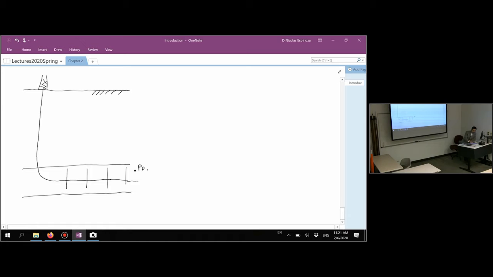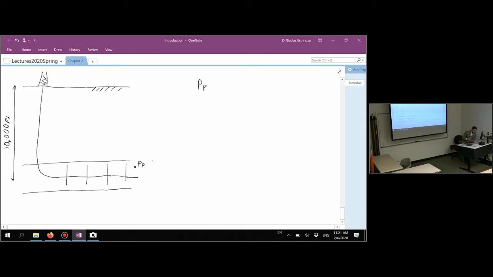So let's say that we are at a depth of 10,000 feet, and let's assume hydrostatic pore pressure. What is going to be the pore pressure at this place?